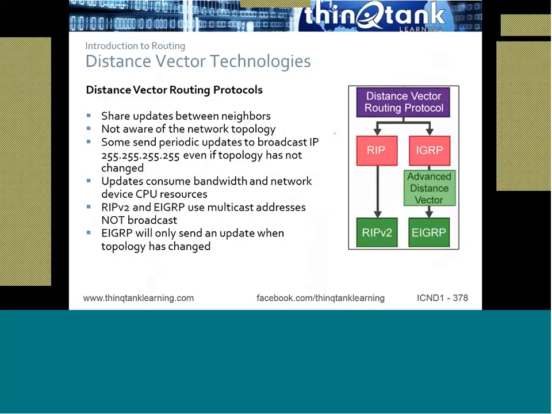All right. Now, distance vector, as we talked about before the break, distance vector routing protocols are designed to share routing information between their neighbors. We're going to learn about this concept of neighbor relationships as we move through the rest of the chapters here. But being neighbors means that we're sharing information with those neighbors. We talked about the concept that we're not aware of the entire network topology.